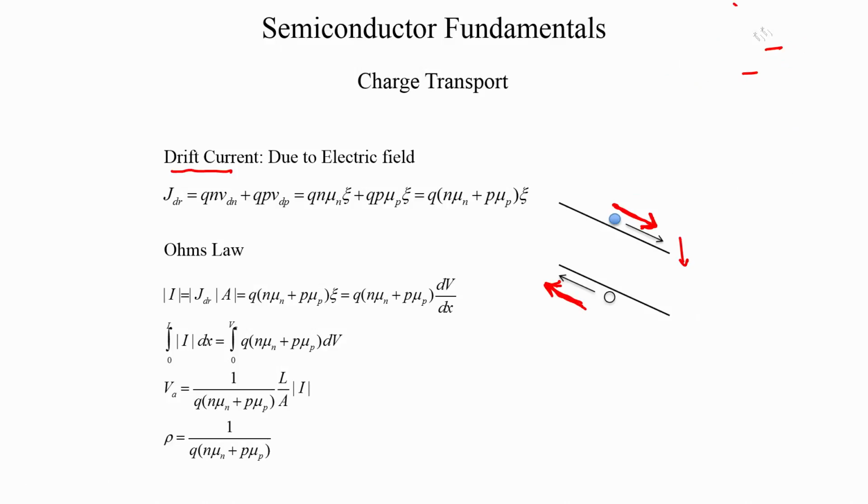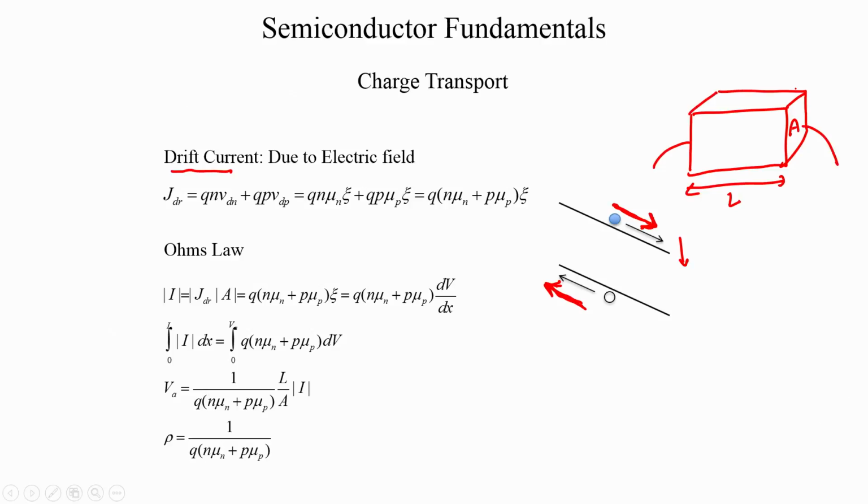In order to get a quantitative estimate of the drift current, think of the semiconductor to which you have applied an electric field. Let us say the area of cross section is A, the semiconductor has a length capital L, and we have applied a voltage VA across this.